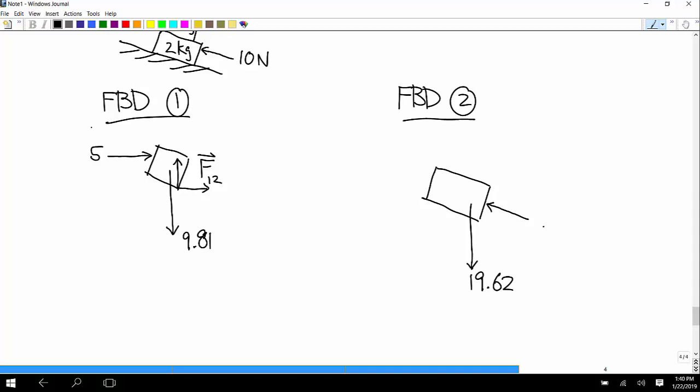We don't know where that came from, but it's 10. And now we have a friction contact between the incline and the 2. And so we're going to treat that as an unknown force vector. So there are the component directions. And I'm going to call that the force on the 2 by the incline.